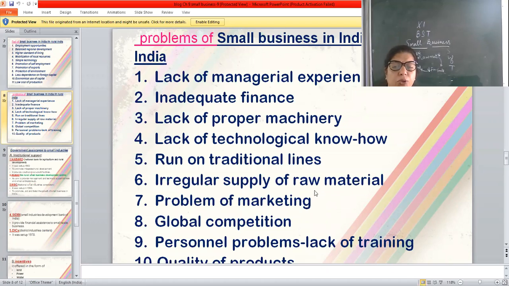They are unable to advertise as the big industrialists do. See, the advertisement process on TV and other media is very costly, and small businesses cannot afford it because they are producing at small scale.